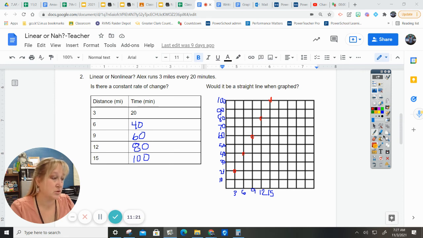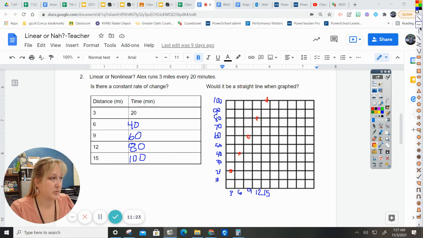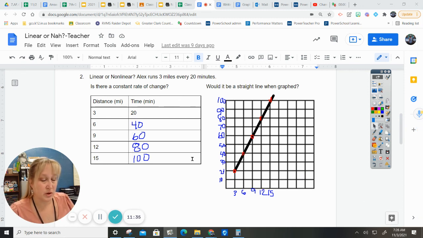You should use your pencil. I have to use a calculator or a computer. And you will connect like so. So the answer to that question, well, that's not perfect, but you understand what I mean. So the answer to our question is this one. The answer is yes. It is linear.